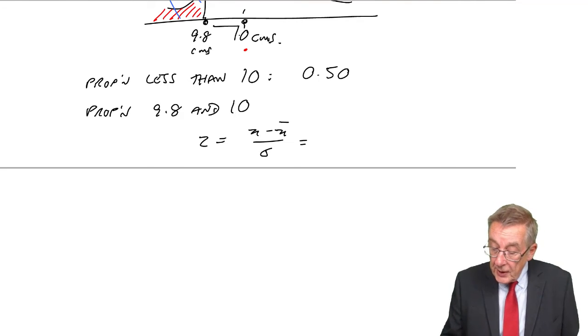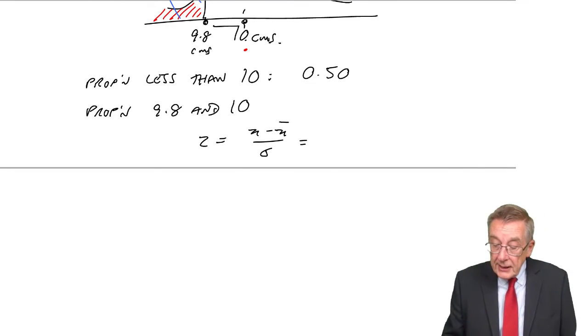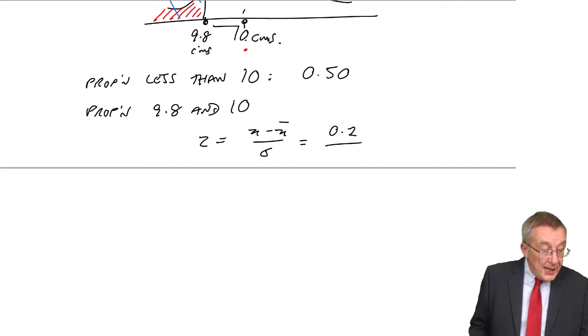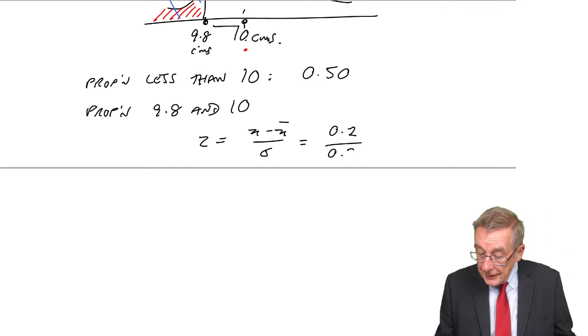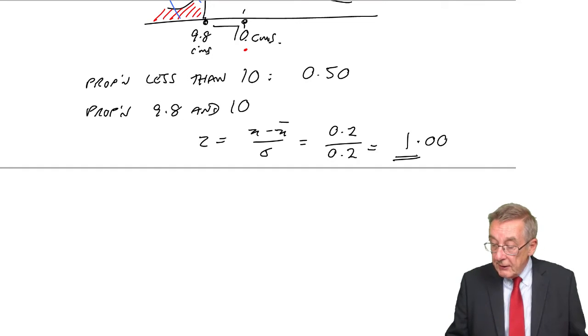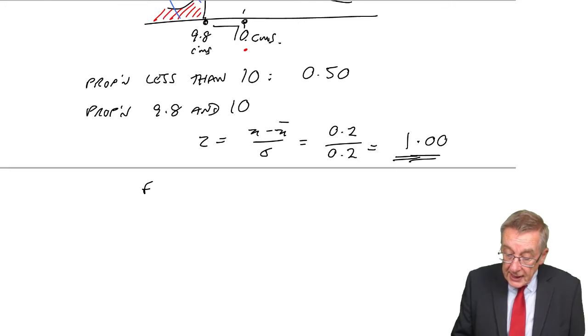It doesn't matter whether it's plus or minus because it's symmetrical, but between 10 and 9.8 the distance is 0.2. The standard deviation is 0.2. So the z-score is 1.00. And so look at the tables again.